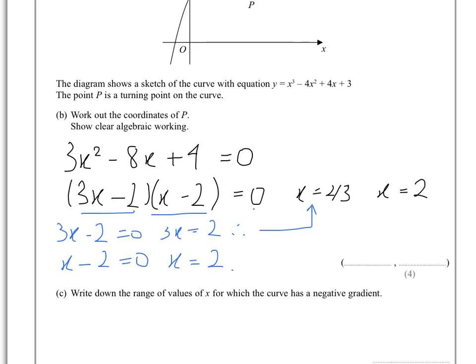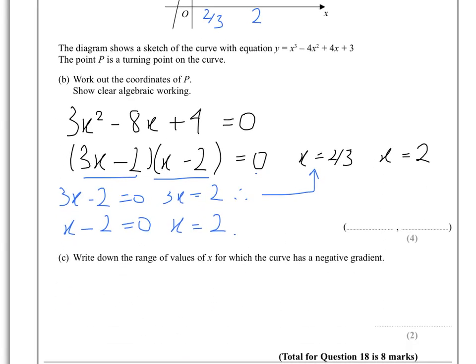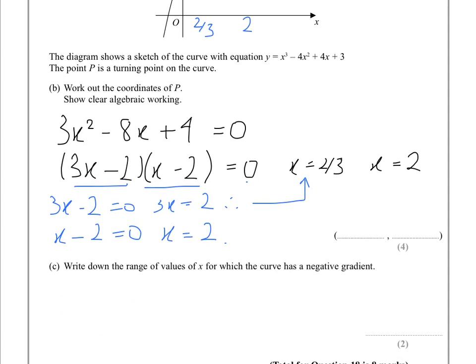Now, if one of the x values is 2 over 3, the other is 2. Since 2 is greater than 2 over 3, we can see that there's one turning point here, there's one here. If 2 is greater than 2 over 3, that one must be 2, that one must be 2 over 3. So we know therefore the x value is 2. When x is 2, we substitute that into the original equation.